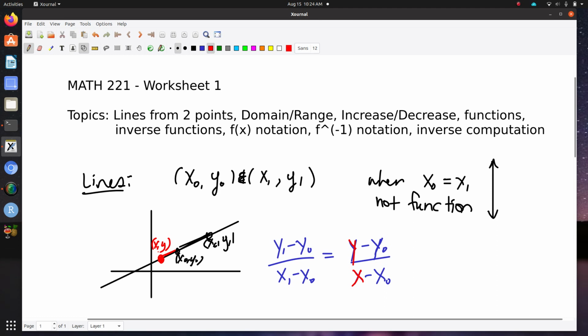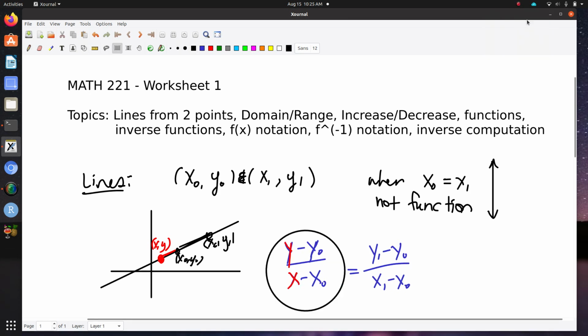Now, if I've convinced you of that, then the next step is clearly we just solve this thing for y, and then it's a little more convenient if I flip that. Okay, so I just flip those around to make it a little easier, and then what am I going to do? First of all, you know that this whole mess here we like to call m.